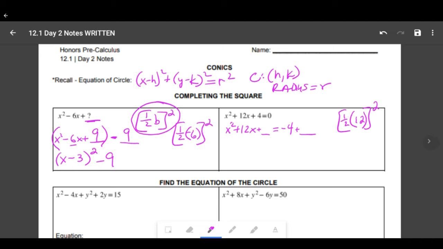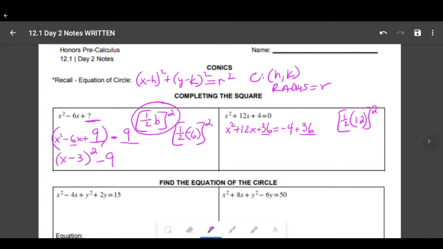So 1/2 of 12 is 6. 6 squared gives me 36. But this is a little different because in an equation, if you add 36 to one side, you have to add the same amount to the other side in order to make sure it's balanced.